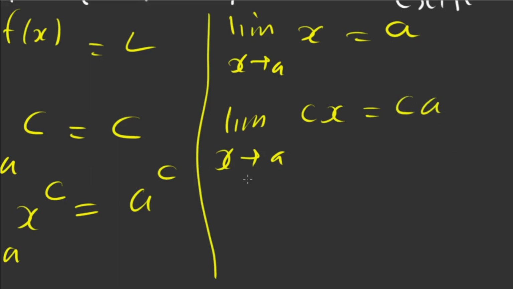Meaning, if you have a limit, you write it like this: this is the same as c times the limit of x. So we find the limit of x, which is a, so this will give you c a.